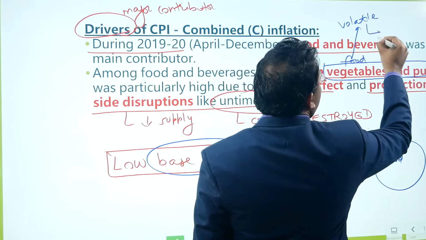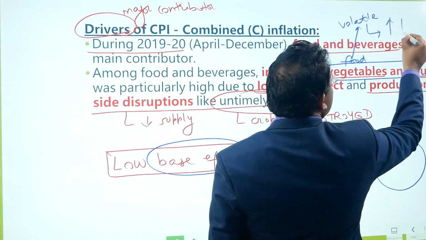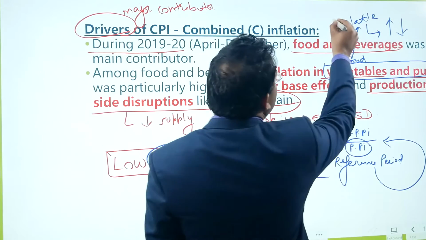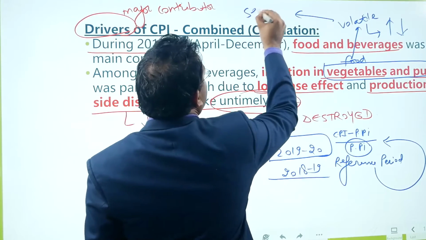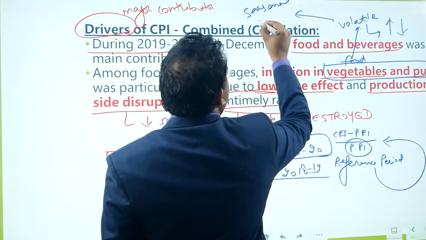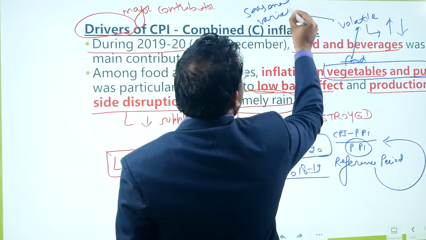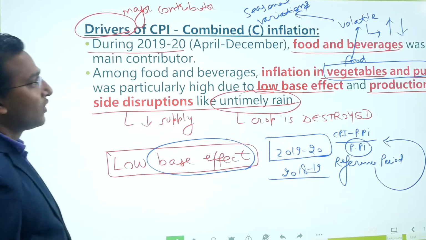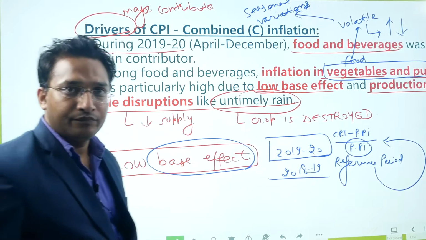Because of seasonal variations, there can be a sudden increase or sudden decrease in the prices of vegetables and pulses.